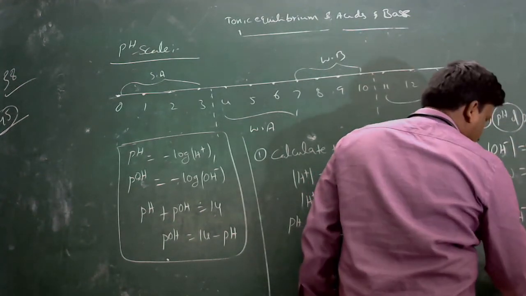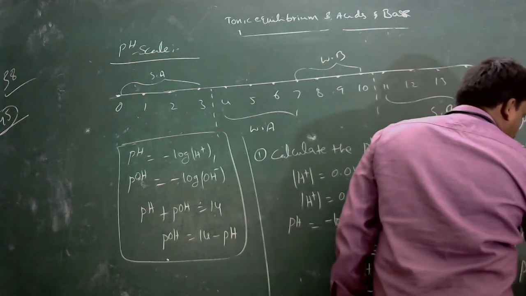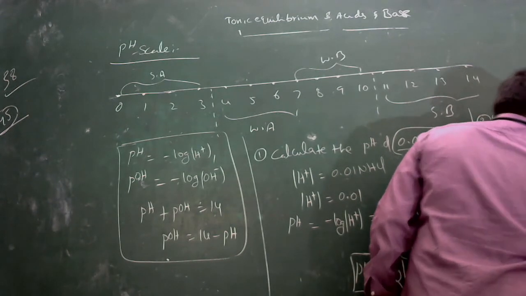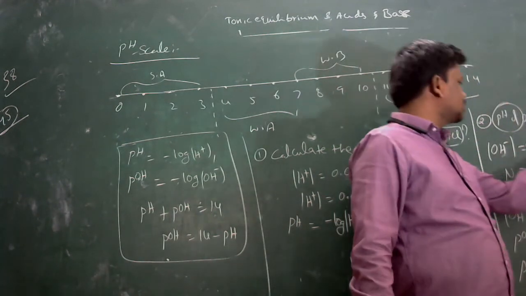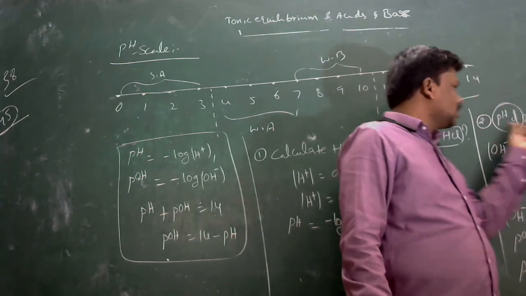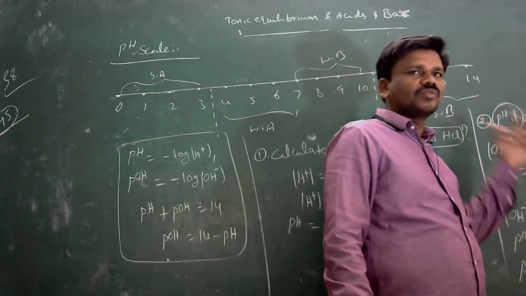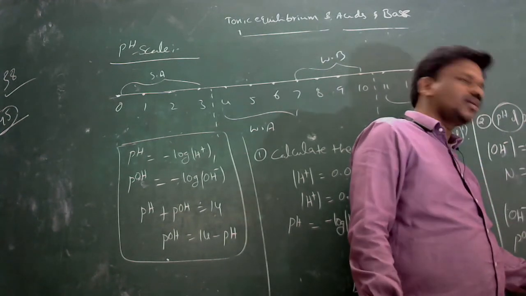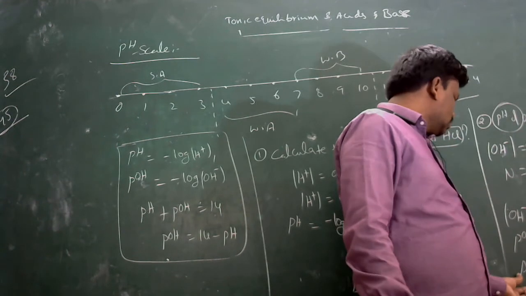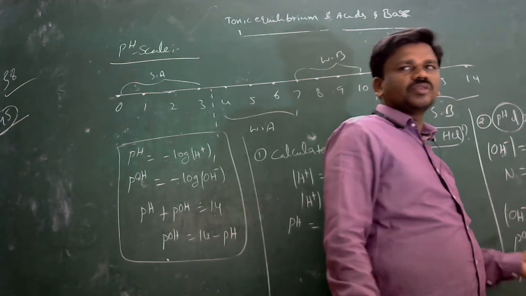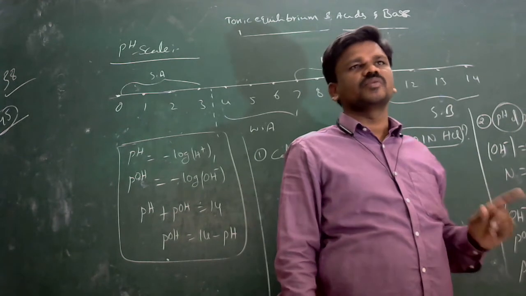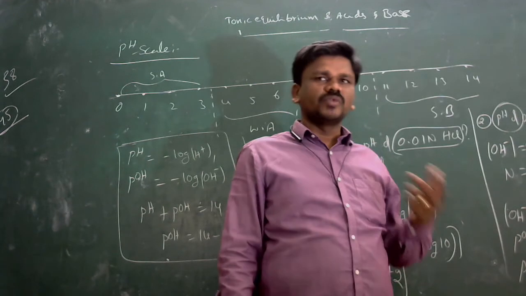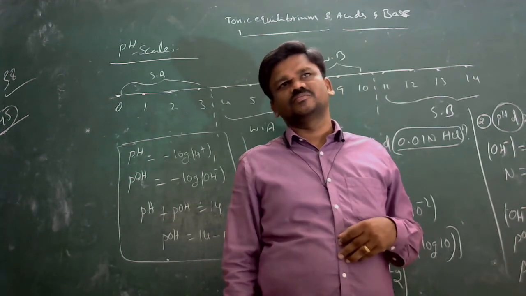That means pH equals 14 minus pOH, that is 14 minus 1 equals 13. Here the given value is present in a base, so first of all calculate the pOH value, and substituting the pOH value, then find out the pH value. Relation between pH and pOH: pH plus pOH equals 14, then pH equals 14 minus pOH, or pOH equals 14 minus pH.